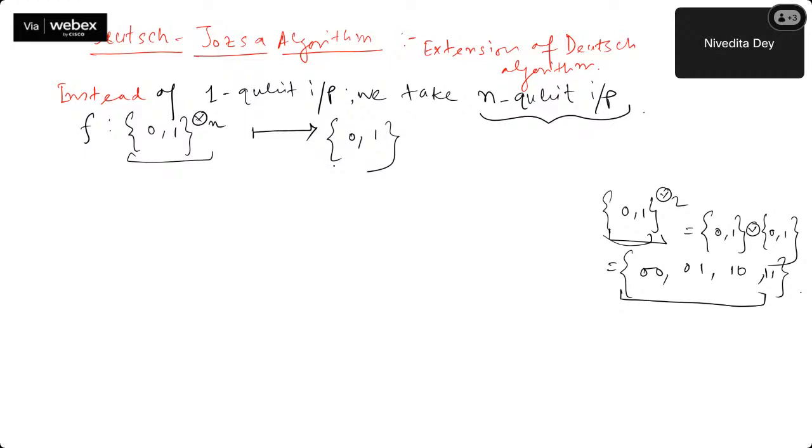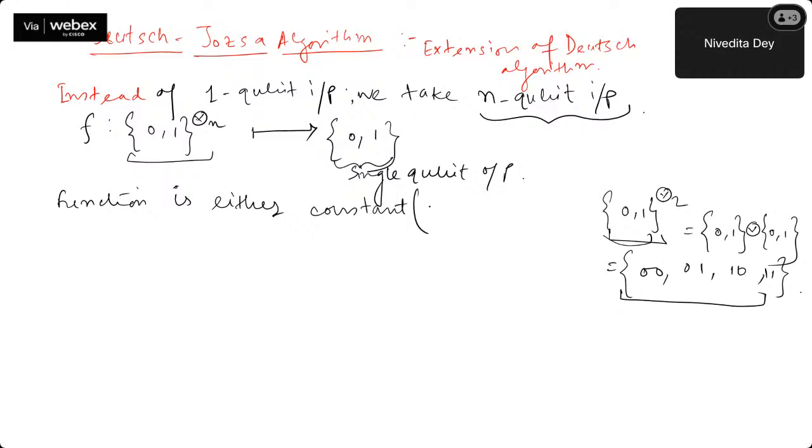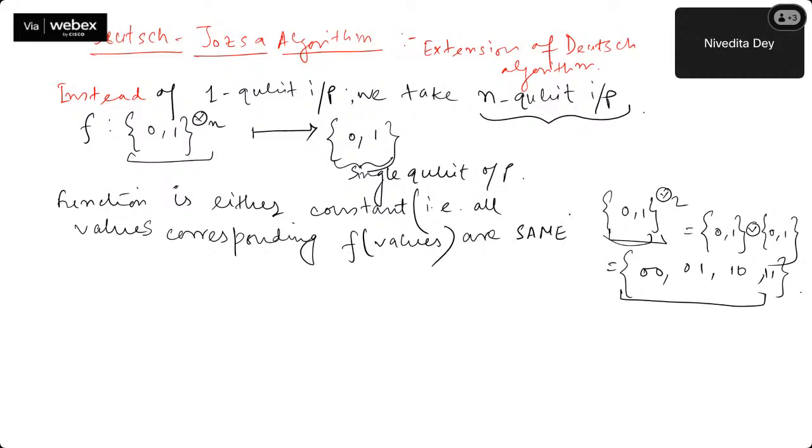So this is a single qubit output. The function is either balanced or constant. Constant means all the values of f are the same. Or the function can be balanced.